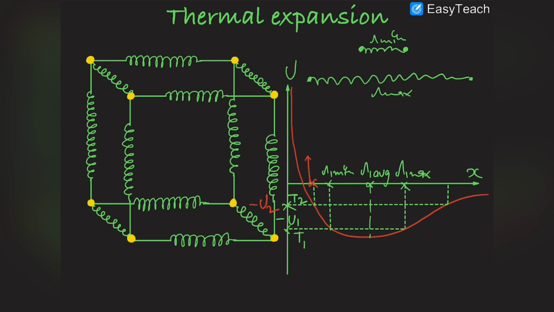So this is the new R minimum, let us name it R2 minimum, and due to this asymmetric nature, this is the new R maximum, R2 maximum.